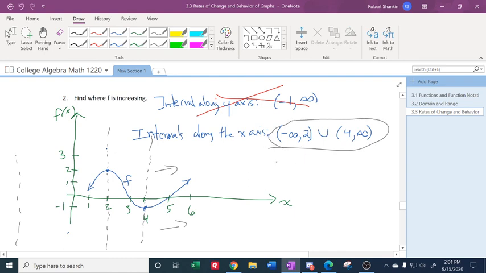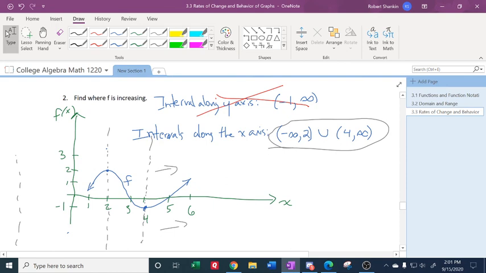This solves the dilemma of how I can tell where it's increasing, but how do I communicate that? You give intervals along the x-axis. Okay? And typically that's done in interval notation. It didn't have to be interval notation. You could have said x is greater than 4. But more often we do it in interval notation.